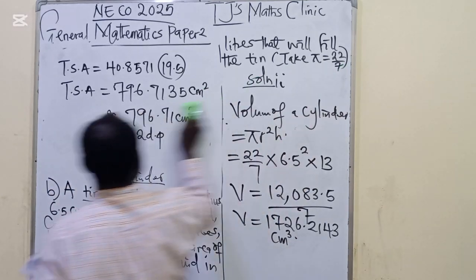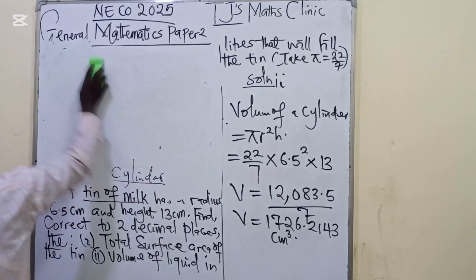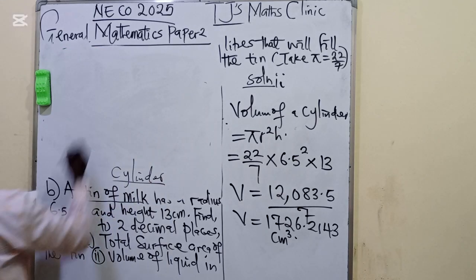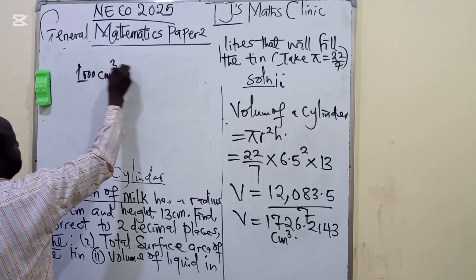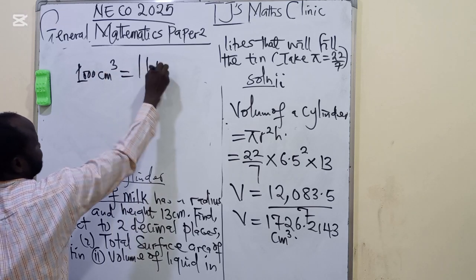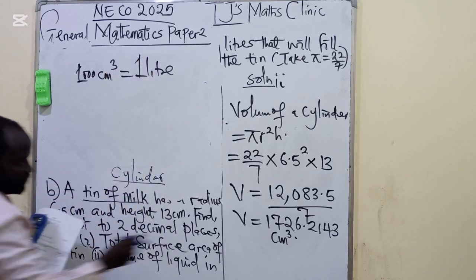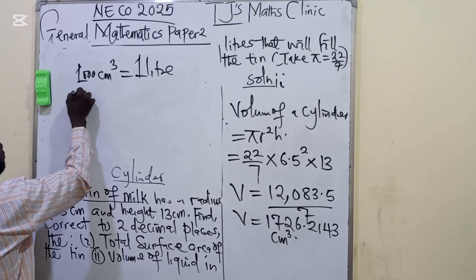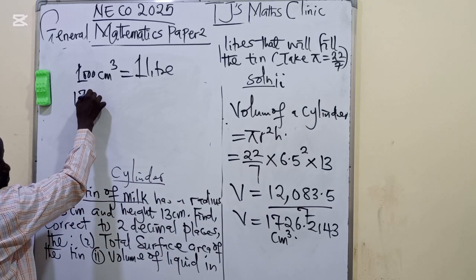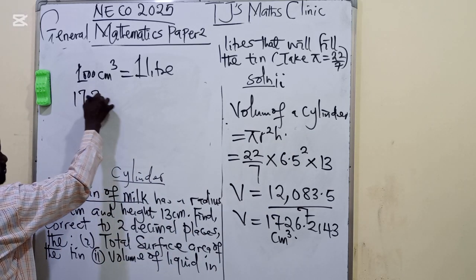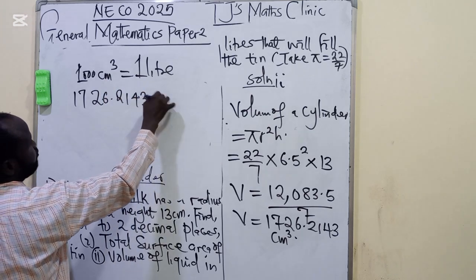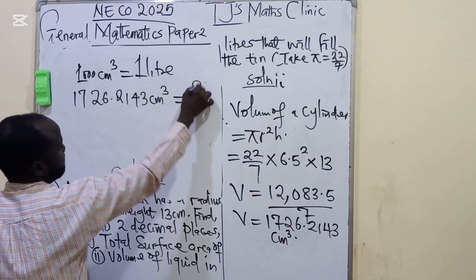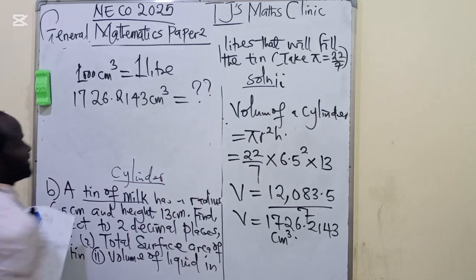Very important. Recall that 1000 centimeter cubed is the same as 1 liter. Then if we have 1726.214 centimeter cubed, what will this be in liters?